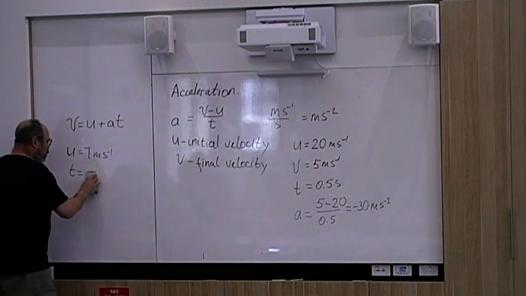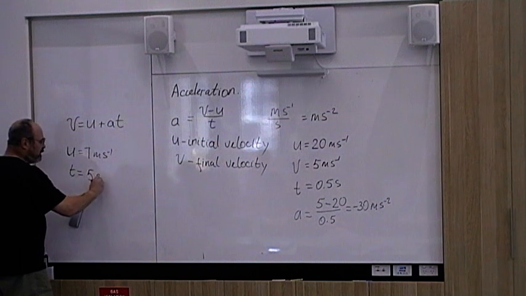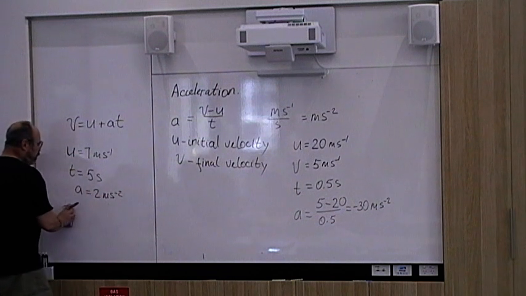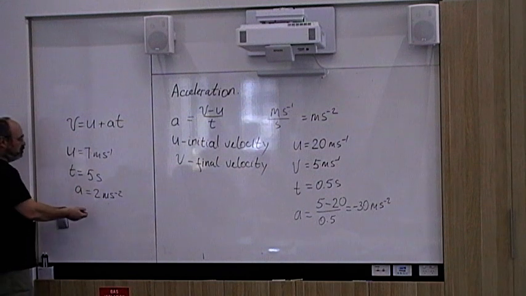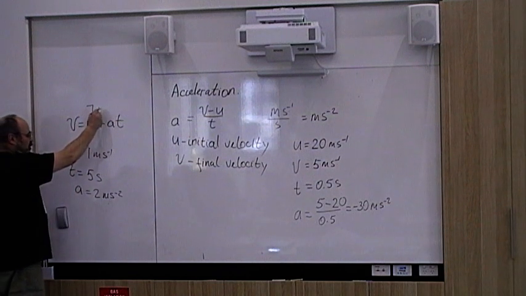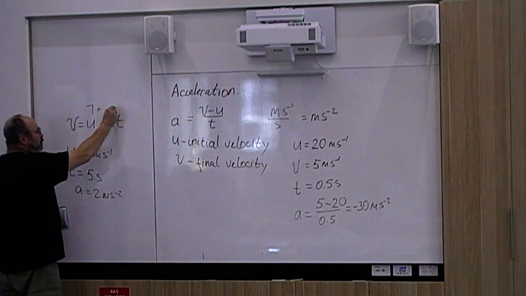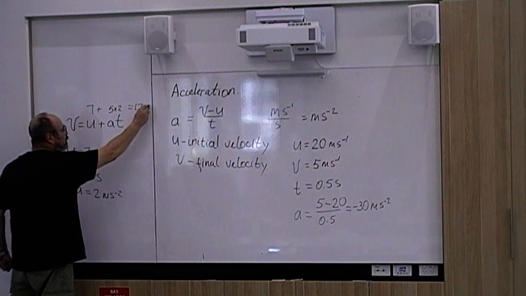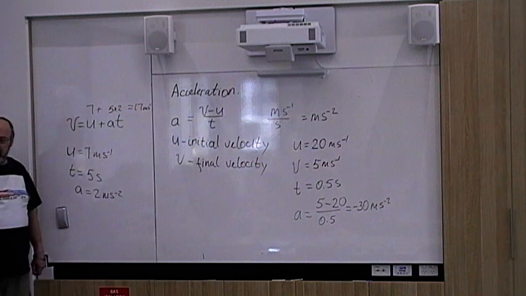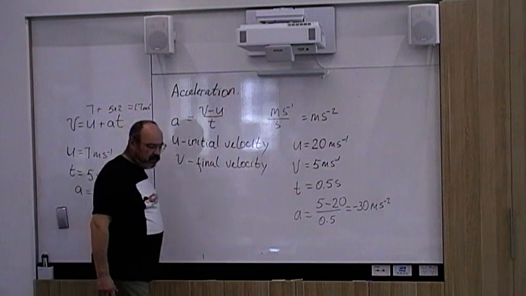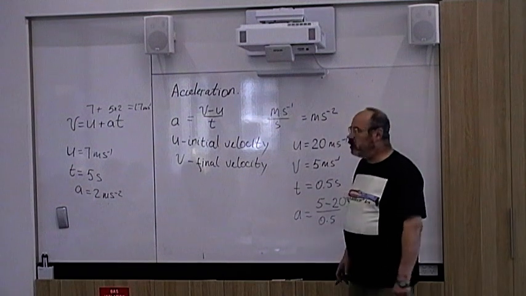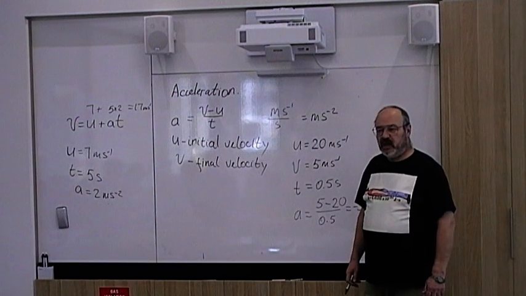What will be its velocity if it accelerates for 5 seconds with acceleration 2 meters per second squared? Substituting numbers, we get 7 plus 5 times 2, which equals 17 meters per second. Makes sense?